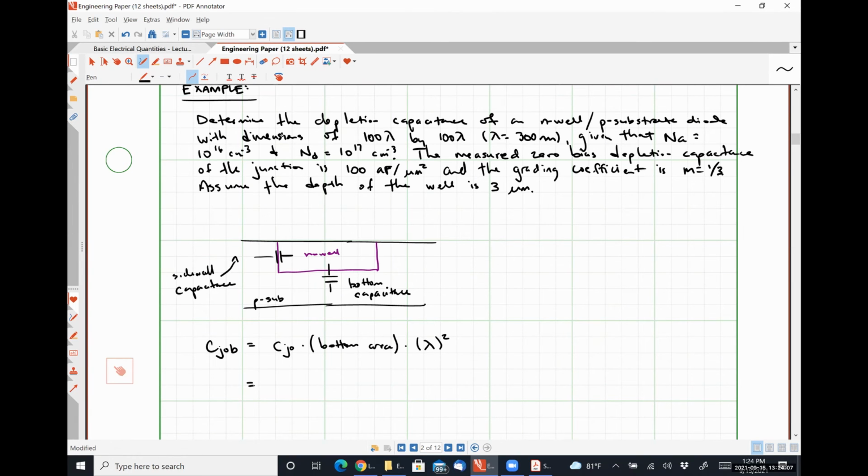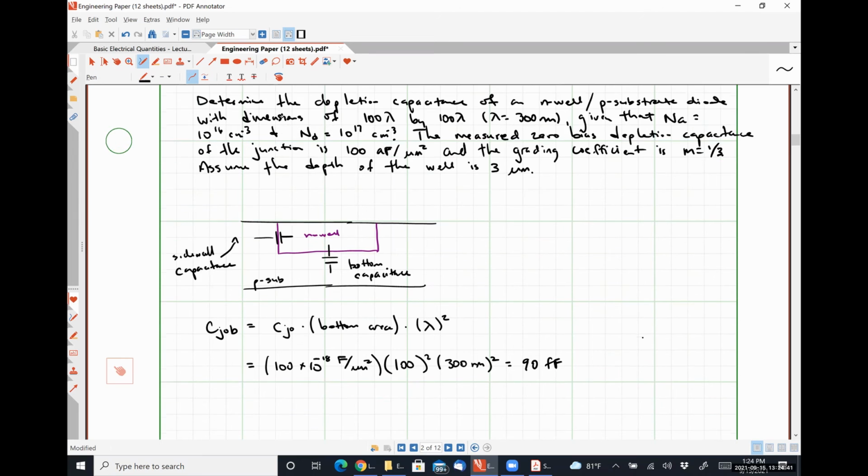So that's going to look like 100 times 10 to the minus 18 farads per micron squared times 100 squared times 300 nanometers squared. And I get this to be 90 femtofarads. Okay. So that's what our overall unbiased bottom capacitance is.